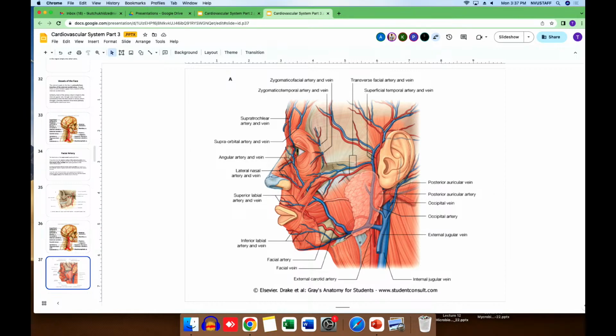The transverse facial artery arises from the superficial temporal artery within the substance of the parotid gland, passes through the parotid gland, and crosses the face in the transverse direction. The facial artery was doing that in the medial direction, and the transverse facial artery is doing the transverse direction. It lies on the masseter muscle between the zygomatic arch and the parotid gland, right? So logically, if you will see, the transverse facial artery would be this part here, right? And it is going more transversely.